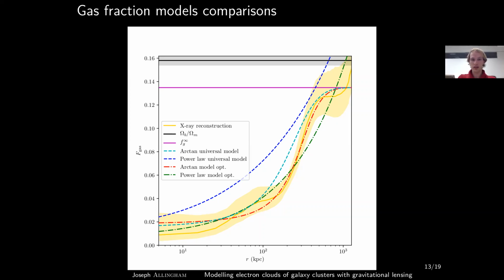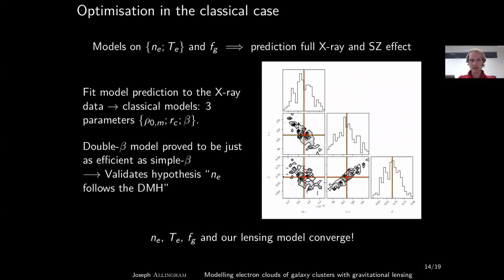So I would tend to say this model can be so far understood to be universal, at least for relaxed and relaxing clusters. So now we have the classical models on the electron density and electron temperature and the gas fraction. So from that, we can, from the full matter density, completely predict the X-ray and SZ effects.